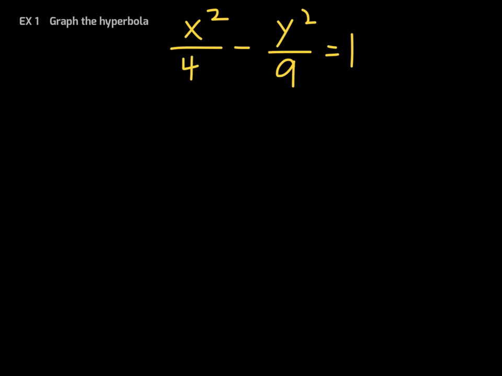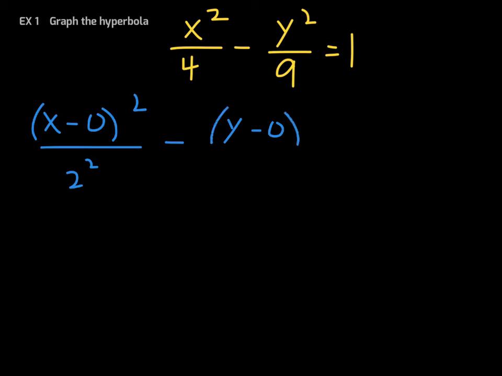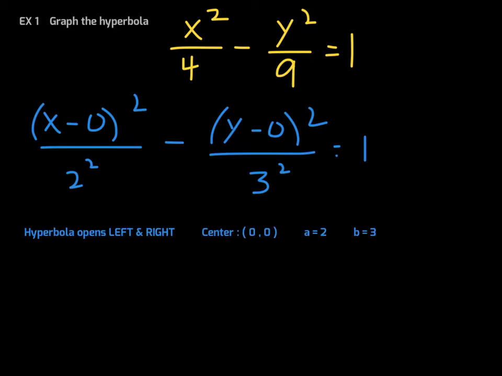To drive home that point, I can rewrite this as x minus 0 quantity squared over 2 squared minus y minus 0 quantity squared over 3 squared, which is 1. Cool? So this is what we know so far. The hyperbola opens left and right because the x term comes first, and the center is 0, 0. A is 2, and B is 3.